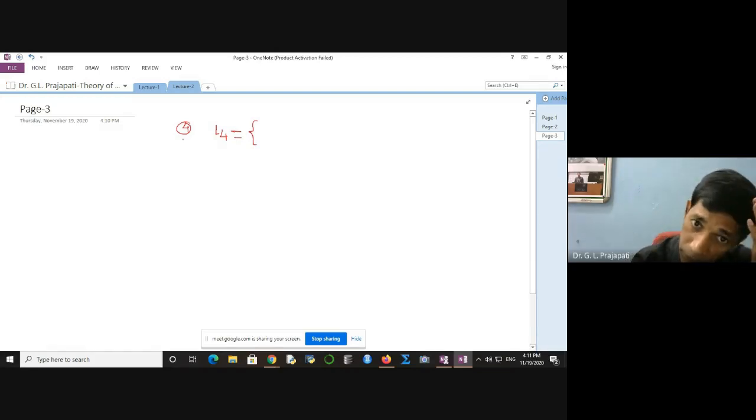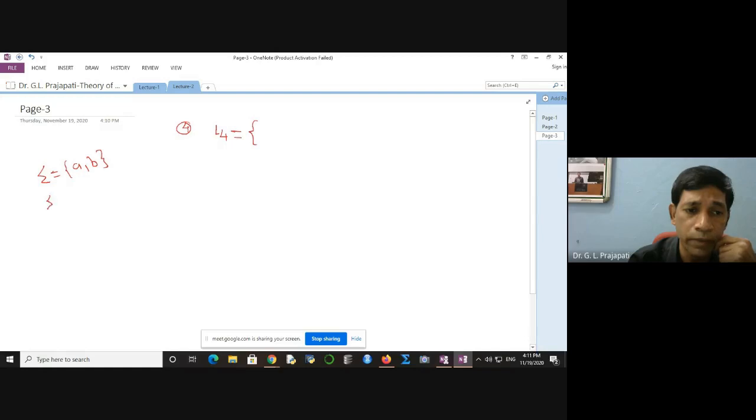One thing before going to this example, I need to mention. If you have sigma, and sigma is {a, b}, we have mentioned the sigma star, and you know the notion of sigma star means this is the set which contains all possible strings of length 0, length 1, length 2, and so on.